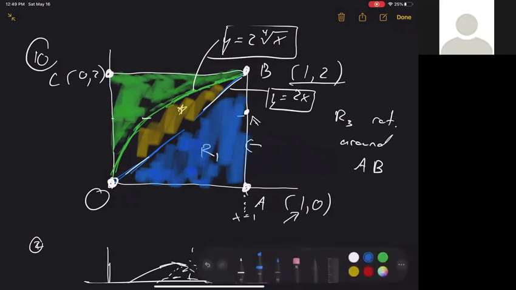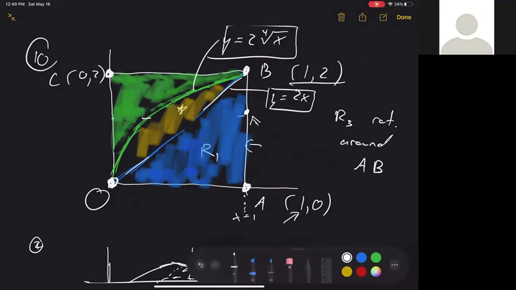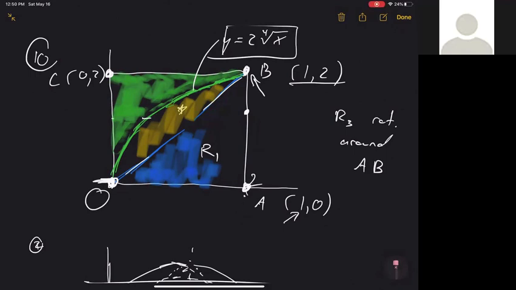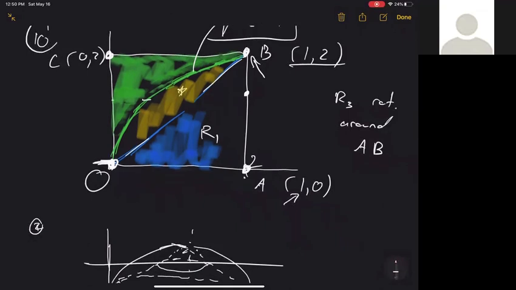Where do I want to integrate from? My object is going to exist from here to here. What is that distance? That is going to be from y equals 0 to y equals 2.